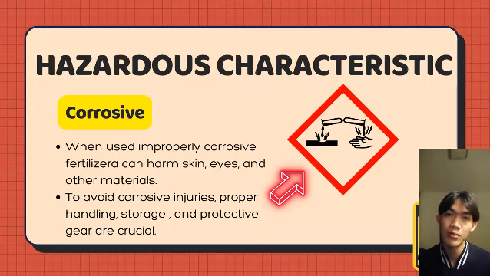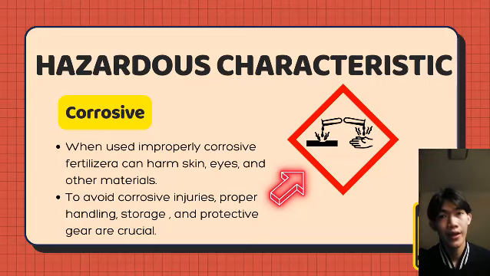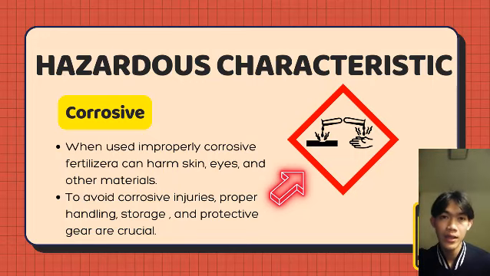Today I want to present about hazardous characteristics in agriculture fertilizer. Agriculture fertilizer can exhibit several hazardous characteristics which are important to understand and manage to ensure safe handling, storage, and disposal. This is because all fertilizers pose a risk to individuals who use them.